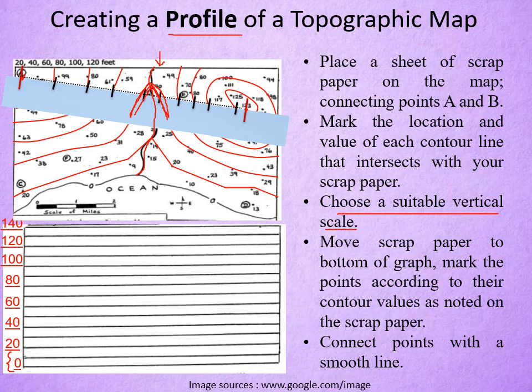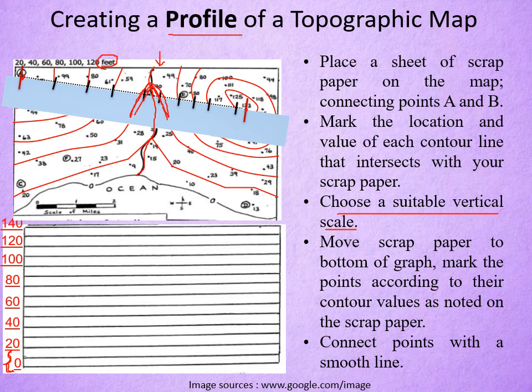It is our choice to take 1 centimeter equal to 20 feet if it is not given. But if a scale is given in the contour map, then we have to take the vertical scale according to it. So for simplification, here I use the scale 1 centimeter is equal to 20 feet.